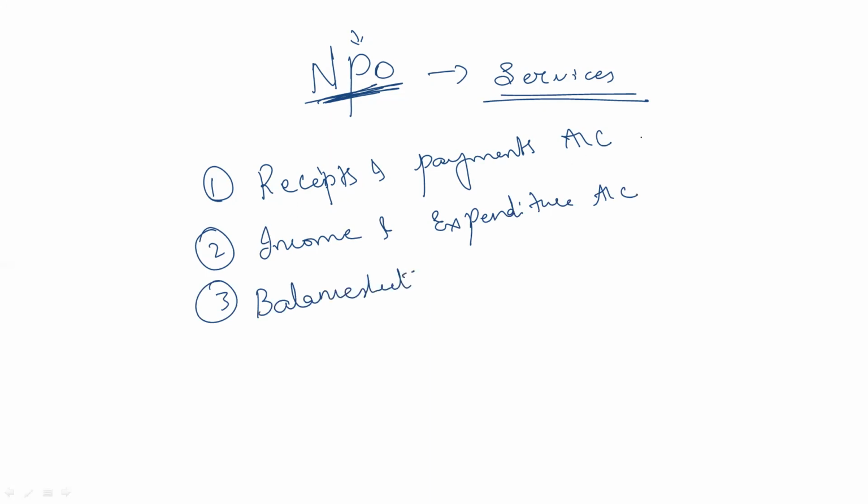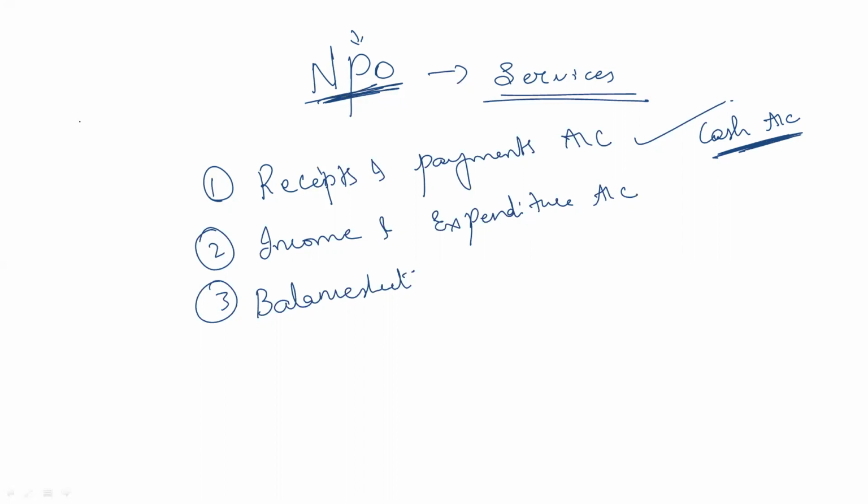Receipts and payments account is very similar to a cash account. In this account all the cash transactions are recorded, and it does not matter which year the cash transactions relate to. Even if they are related to some other year, in that case also we will consider cash transactions in the receipts and payments account.